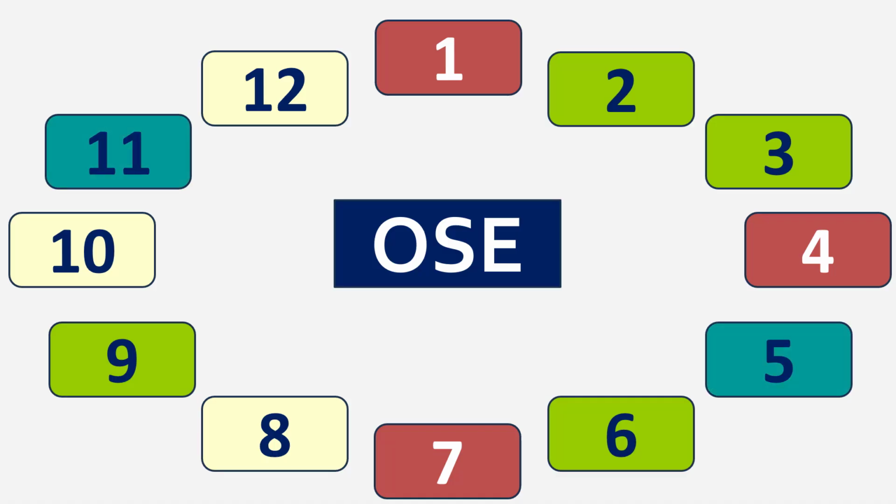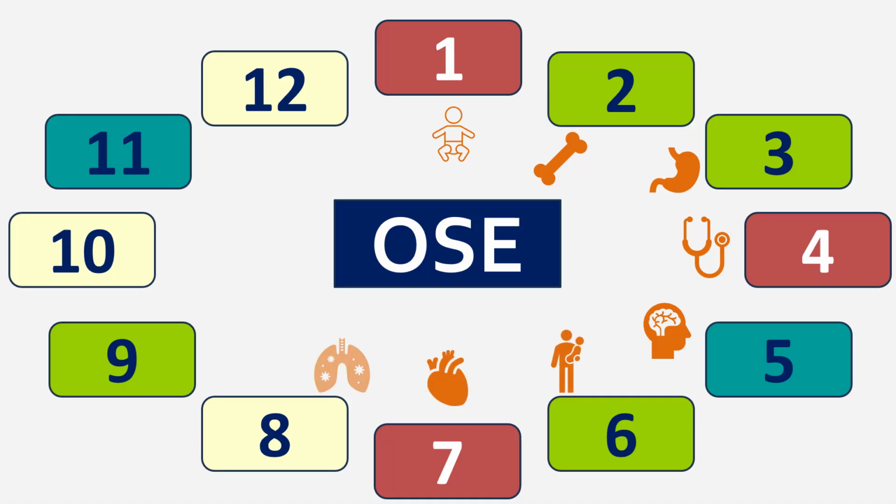You then want to make sure that the appropriate range of disciplines are covered. For example, in medicine, you might want to make sure that you cover pediatrics, orthopedics, GI, neuro, cardiac, respiratory, and so on. The combination then of the skills and the domains in which they're being assessed is called the blueprint.